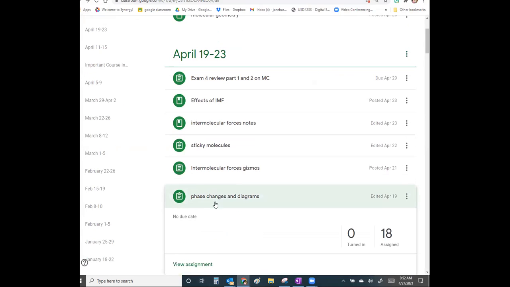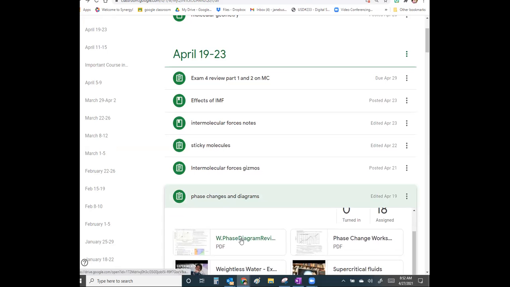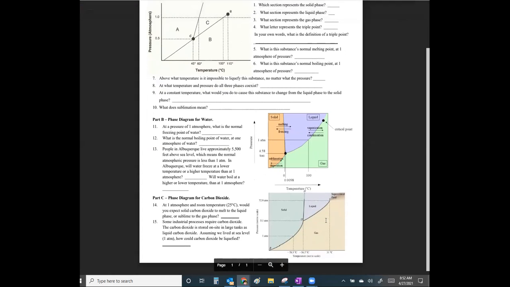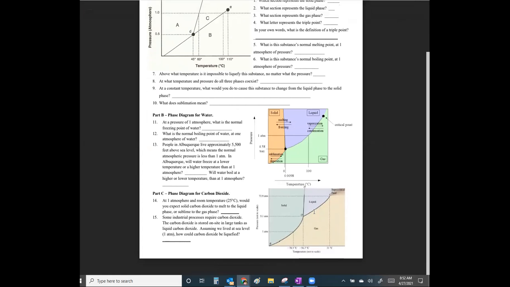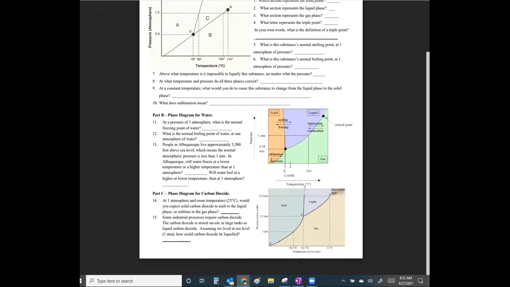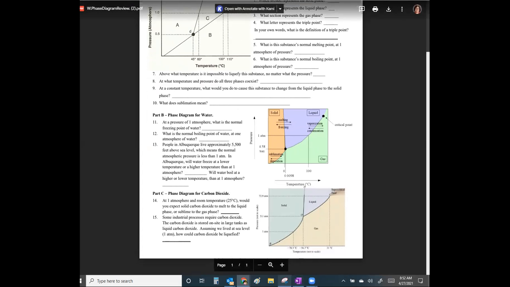Phase change diagrams. I don't know why I can't find the phase change. Remember we did this together. So here's a phase change diagram for, is this water? No, this is carbon dioxide. Yeah, this is water. Okay, let me copy and paste it.